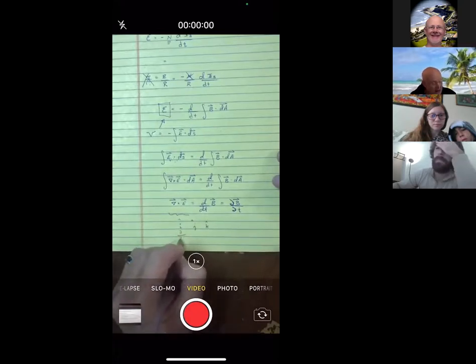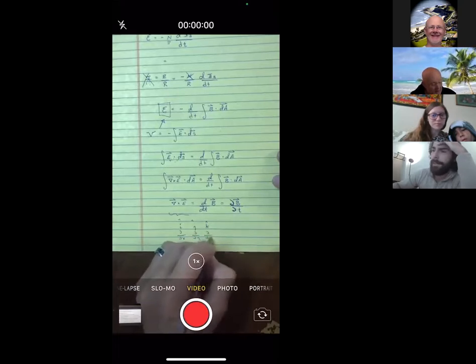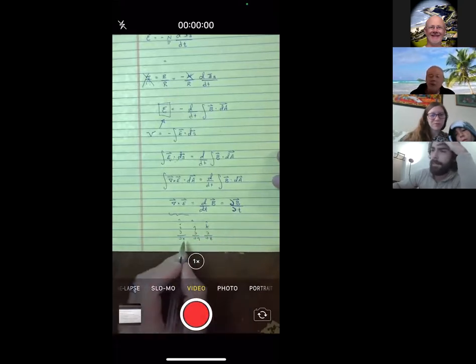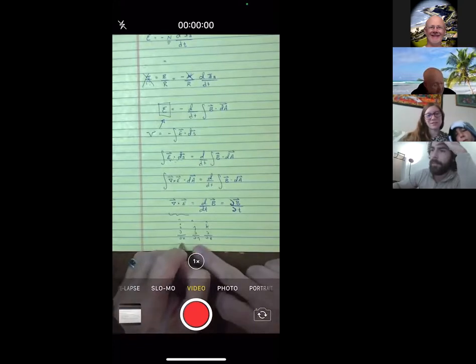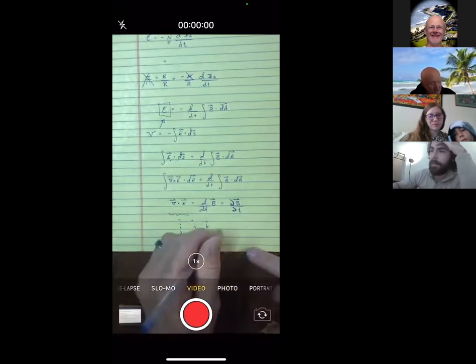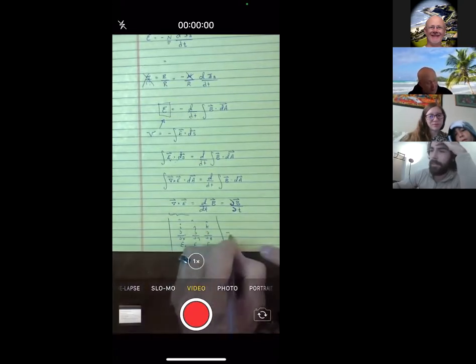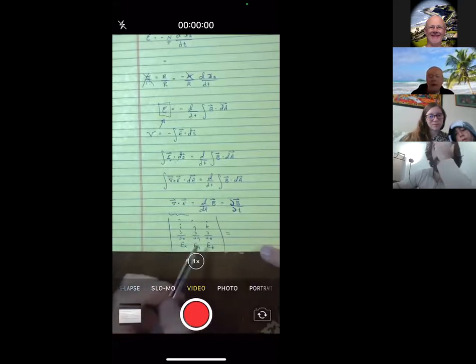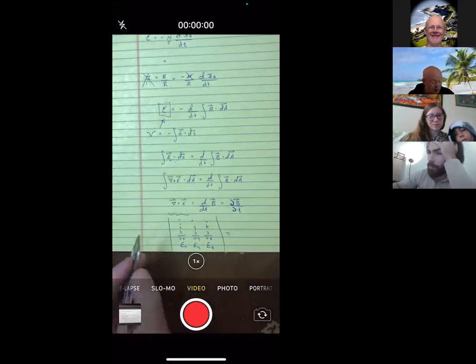Then you have the gradient. And the gradient is derivatives with respect to space. And then you have the components of the electric field. So that would be a determinant way of writing out the curl.